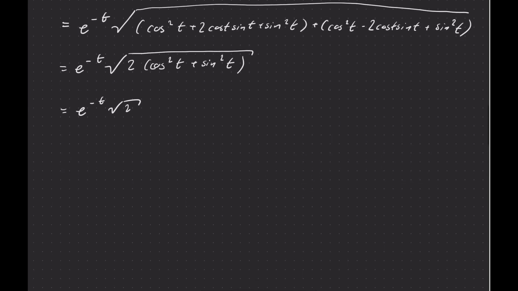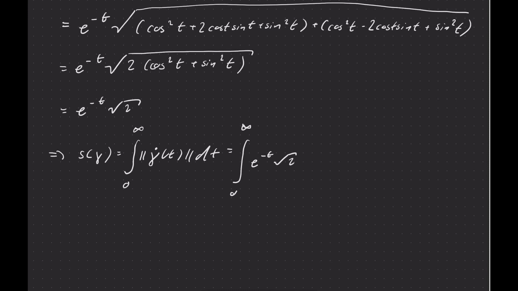And now finally, to get the length of that curve, S of gamma, we'll have to compute the integral over the norm of gamma dot of t, dt, in the interval from 0 to plus infinity. And that's the integral from 0 to plus infinity over e to the minus t square root of 2 dt. We can just take out that factor square root of 2, and then we integrate e to the minus t.